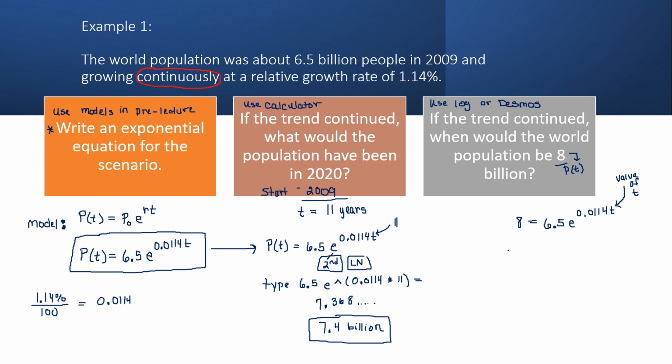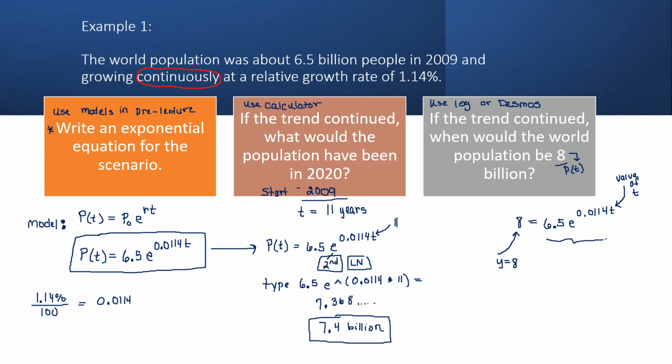So the way that I will put this into the calculator, I will take this side and I will write that as y equals 8. So we talked through in our notes that the P of T is similar to a y value, and Desmos likes it as a y value. So when we plug this in to the P of T, we were plugging in saying that y is 8.